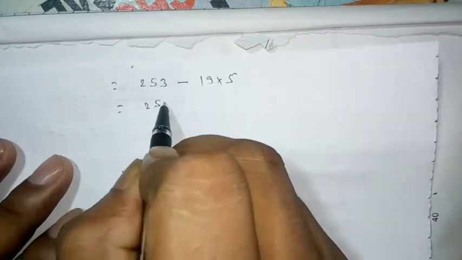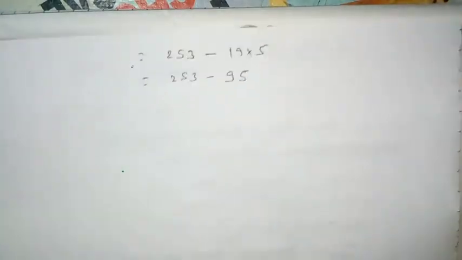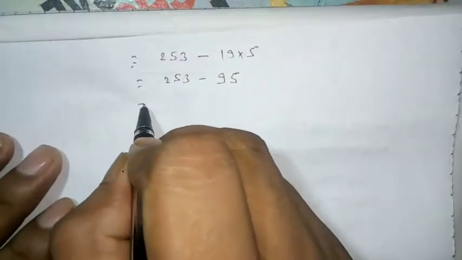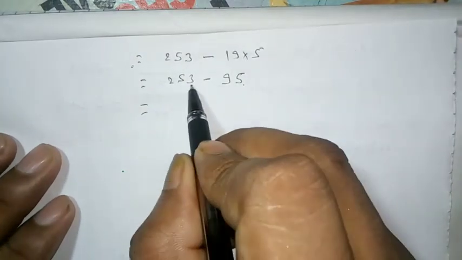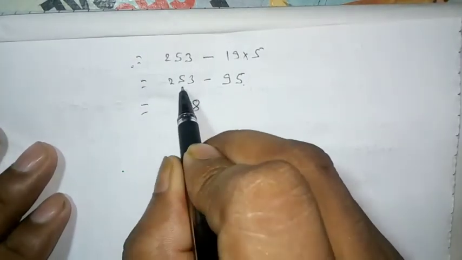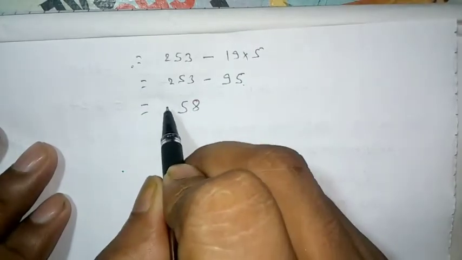This is equal to 253 minus 95, since 19 fives are 95, which gives 158.